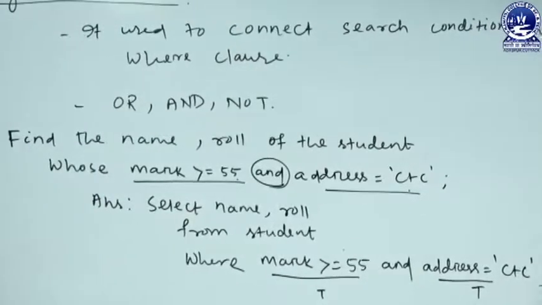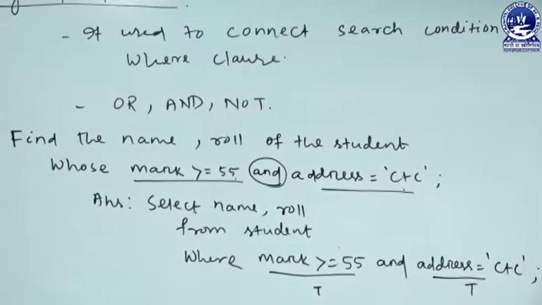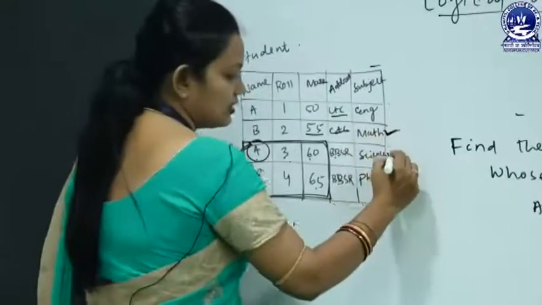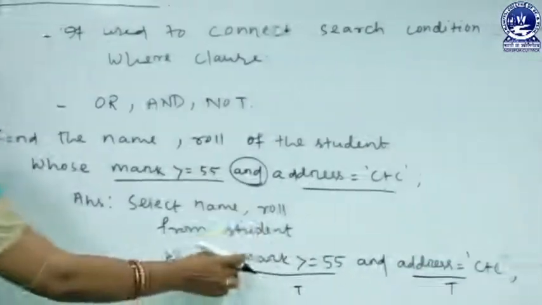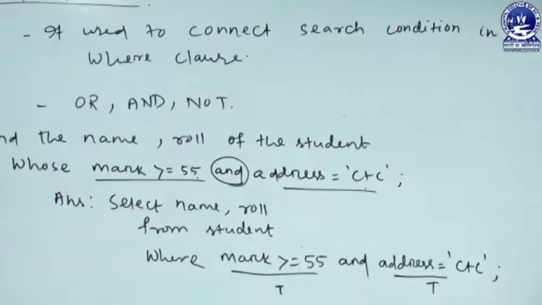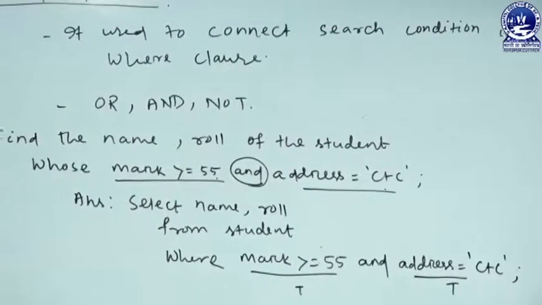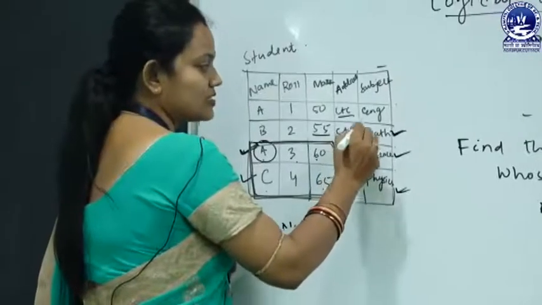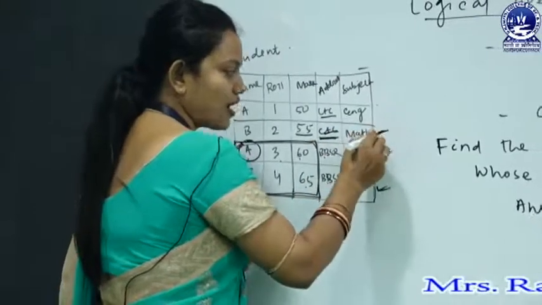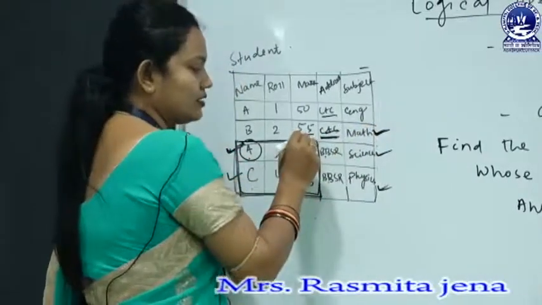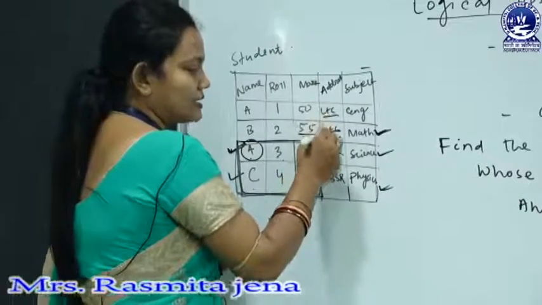We have to filter those students' names and rolls. You can see these are filtered by using the first condition, and the second condition is address equals to CTC. This will only be satisfied by tuple number 2, that is satisfying both the conditions, mark greater than equals to 55 and address equals to CTC.